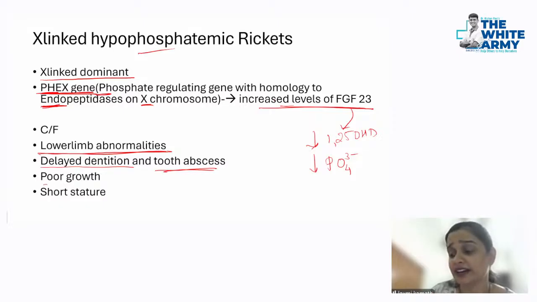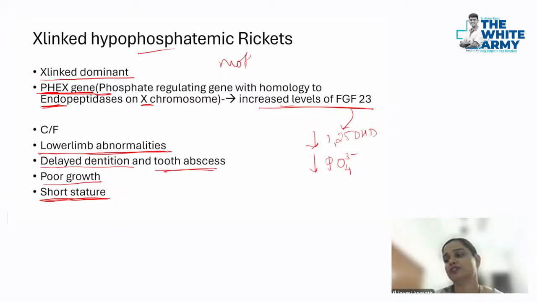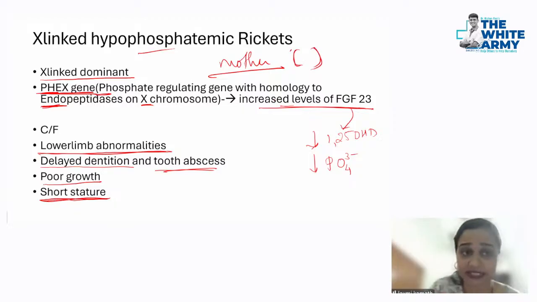Then we have poor growth, or the child might come to us isolatedly with short stature. The only complaint can be that the child is not increasing in height. In such situations, you should examine the mother, because we know that it is X-linked dominant. If the mother has bowing of legs, it is almost a clinical diagnosis that this is X-linked hypophosphatemic rickets.